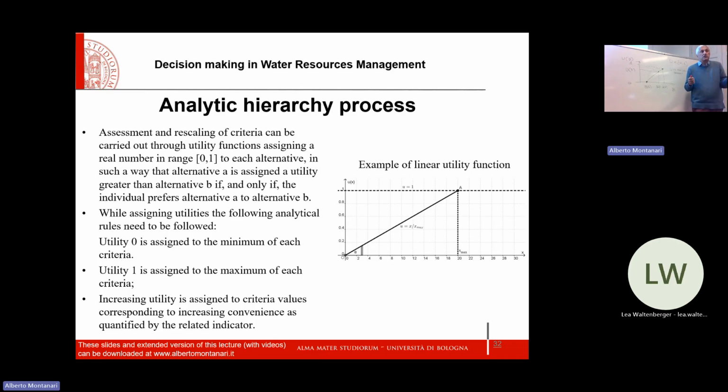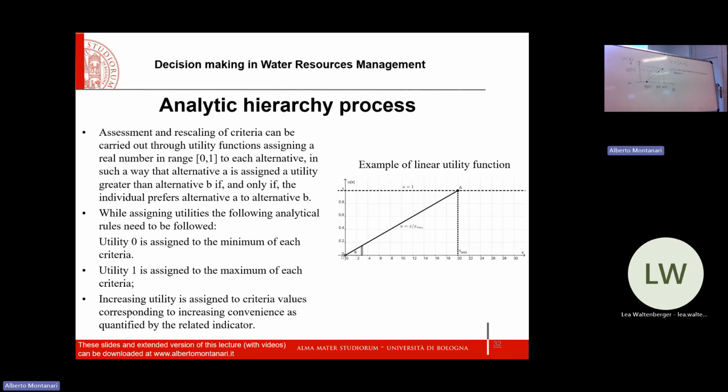Another possibility is to estimate the cost of restoration. So the moral of the story is that through a utility function, you can rescale the various criteria in the interval 0, 1.